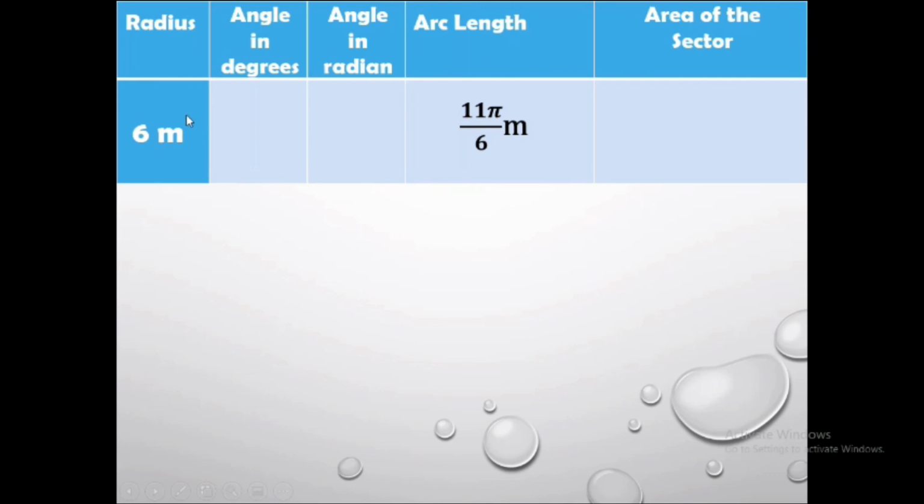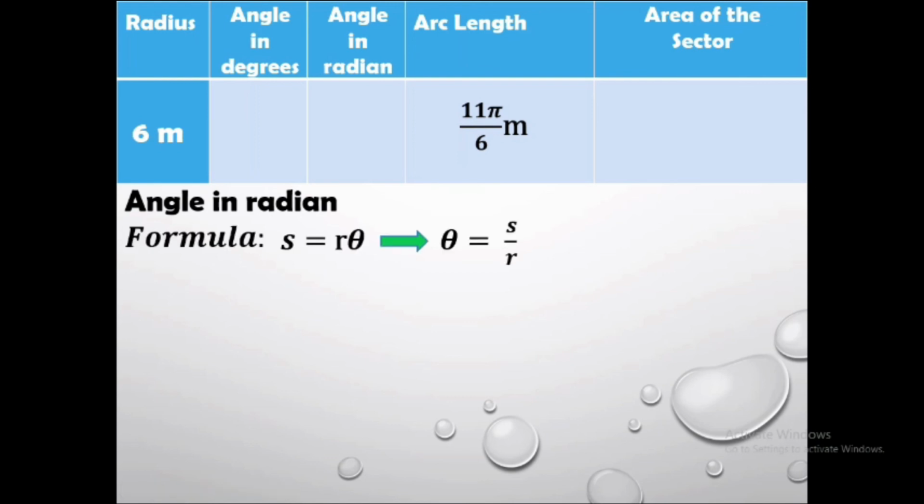The radius 6 centimeters and arc length 11 pi over 6 centimeters are given in this table. So we are going to find the angle in degrees, angle in radian, and area of the sector. To find the angle in radian, we are going to apply the formula of arc length, which is S equals r times theta.